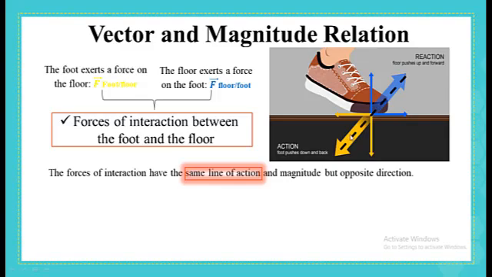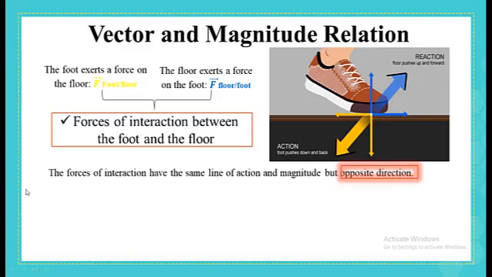These two forces act along the same oblique line of action. They have the same magnitude. Check the length of each vector, and we're using the same scale just to express the fact that they have the same magnitudes. And concerning their directions, you can see that they have opposite directions.